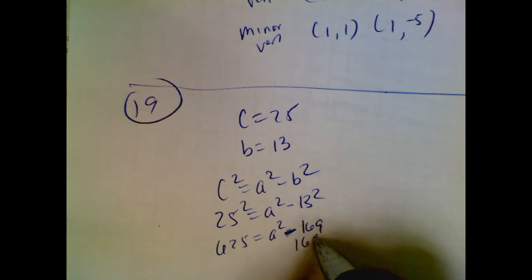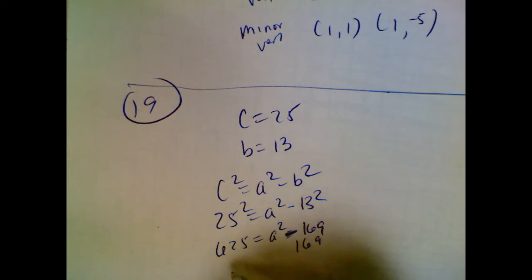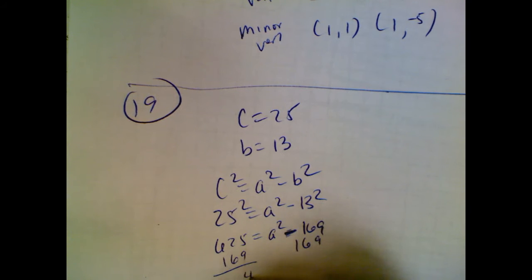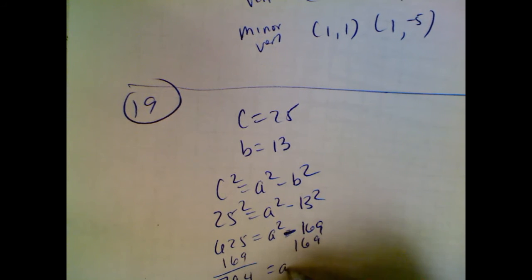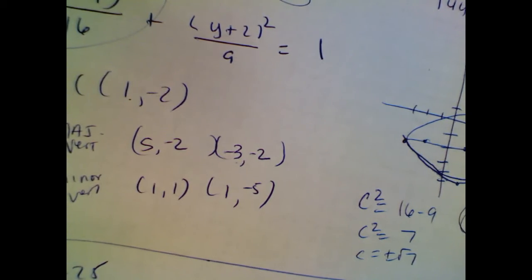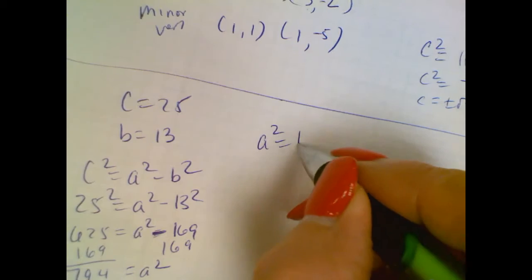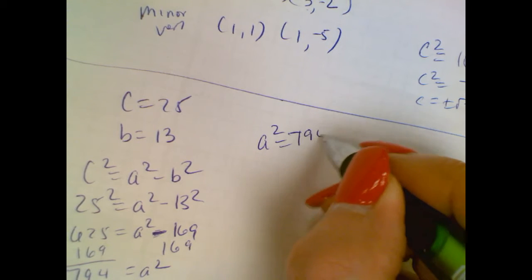Add 169. I feel like I'm not doing something right. 169, 4, 9, 7 equals a squared. Okay, so a squared is 794.